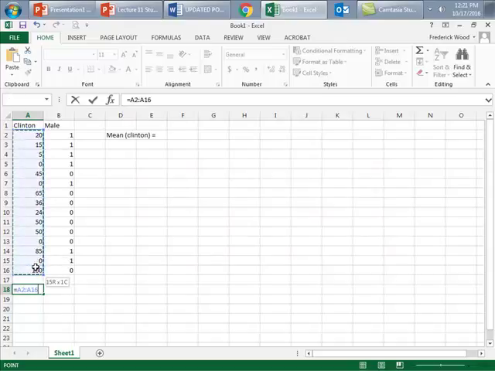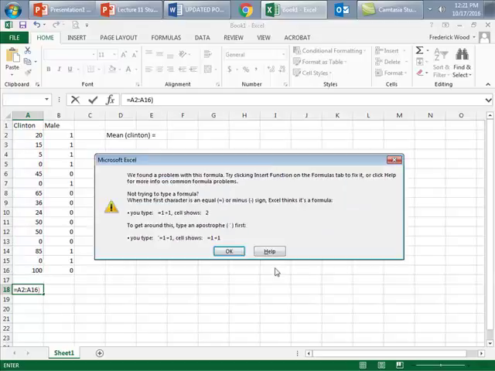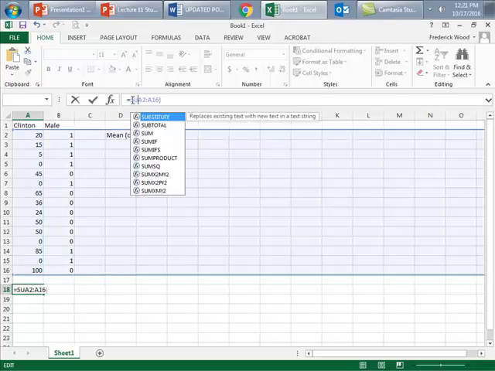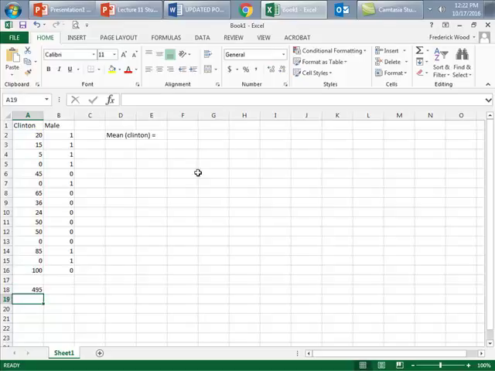Listen, don't get uppity. No, I want you to let me type on my own like an adult. So the sum of x is 495. And how many observations do we have?